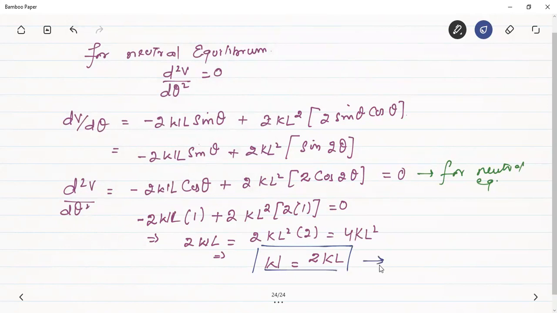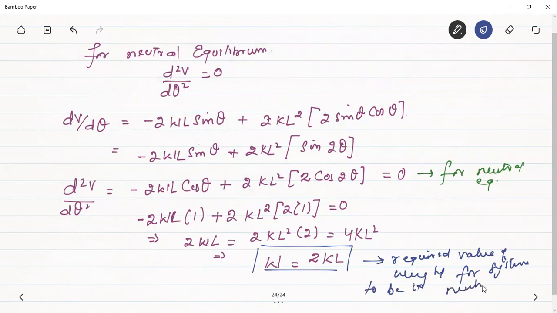So this is the required value of weight for the system to be in neutral equilibrium at theta equal to 0 degrees. Okay, fine.